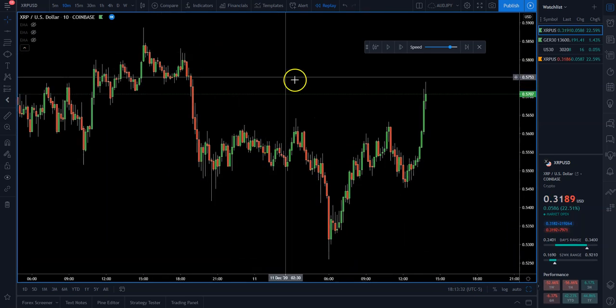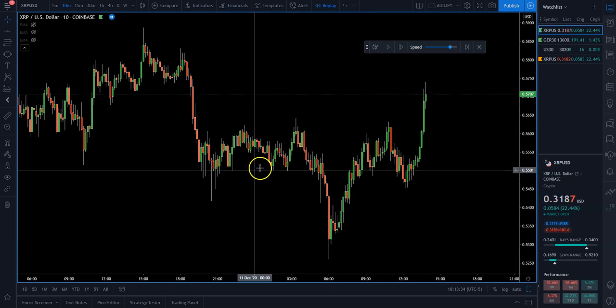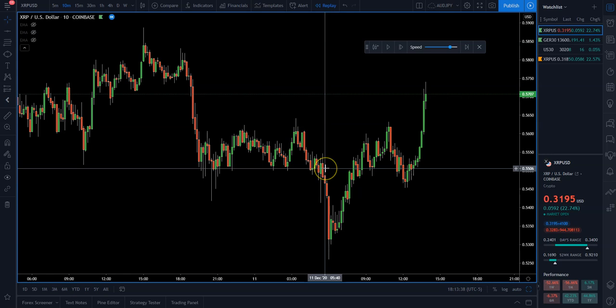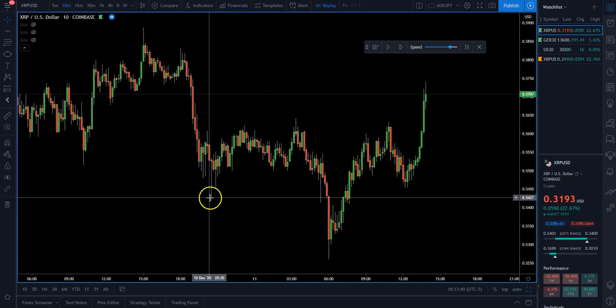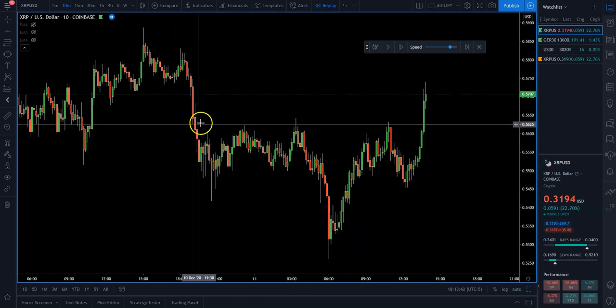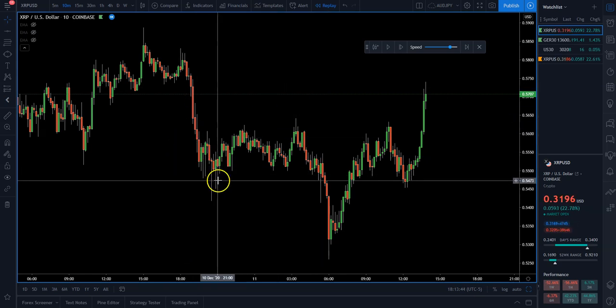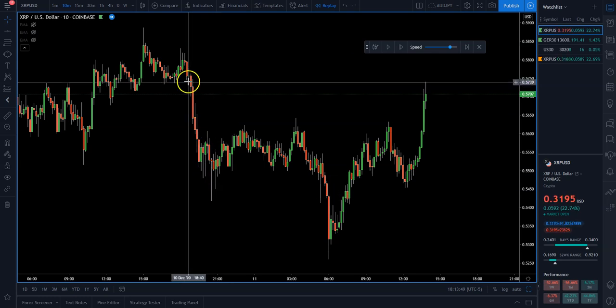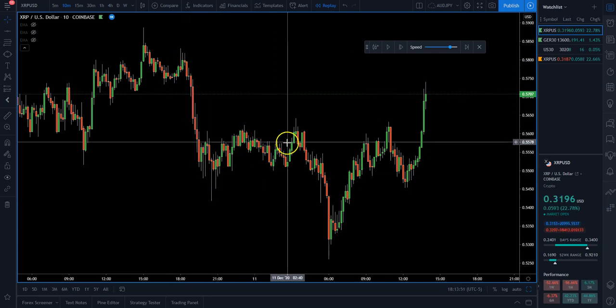Now this is like a bigger one, you can use it for more collective trends. Like you can see this impulse, even though this is consolidating, it's still consolidating within this downtrend. So it's still considered an impulse going up.